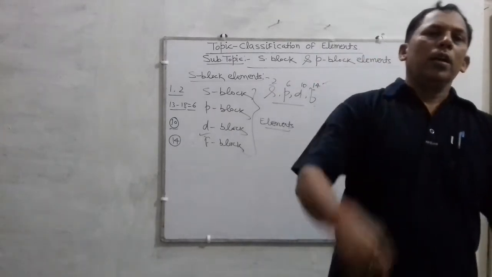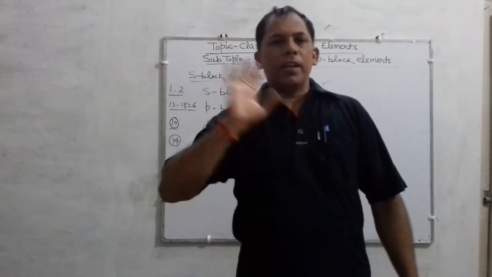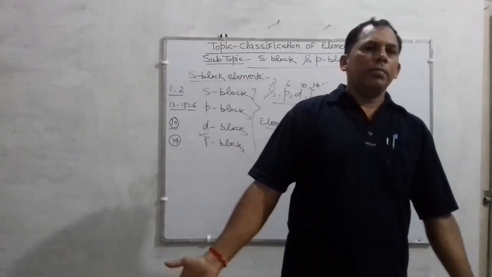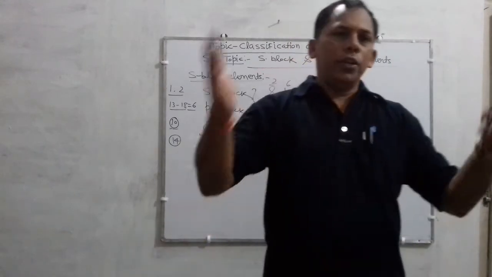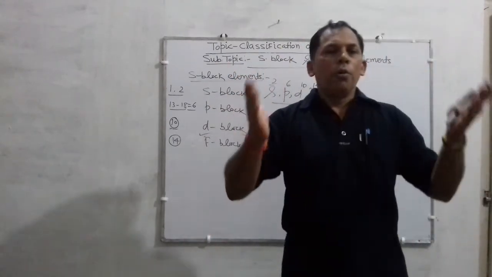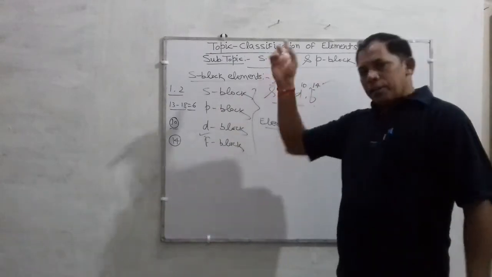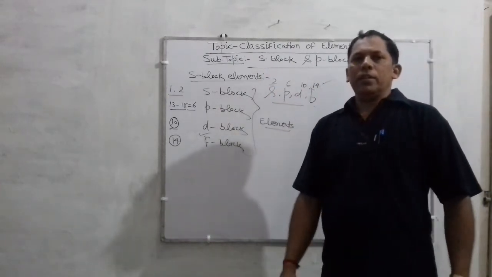Similarly, describe S and P block elements with their properties. And sometimes the question comes: what do you mean by F block elements, where they are placed on the basis of electronic configuration. Alright children?